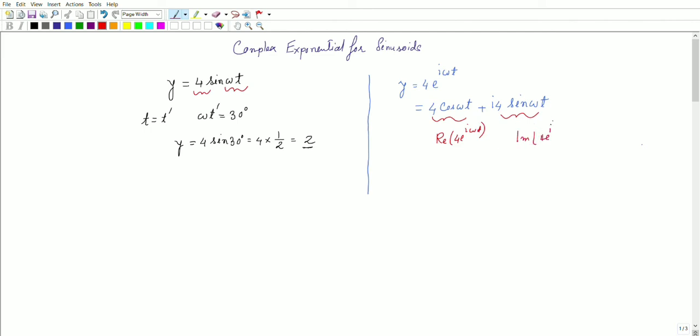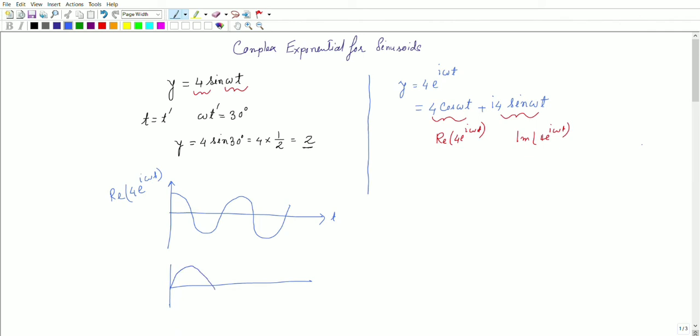If we plot this, the real part looks like a cosine function, and the imaginary component is a sine function.